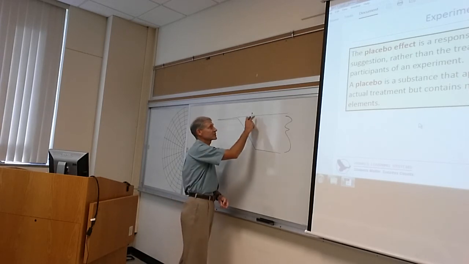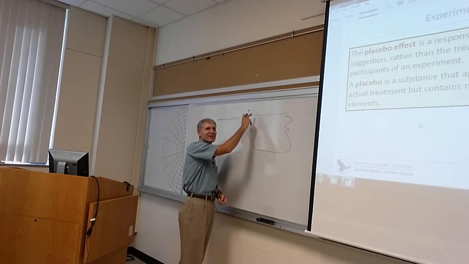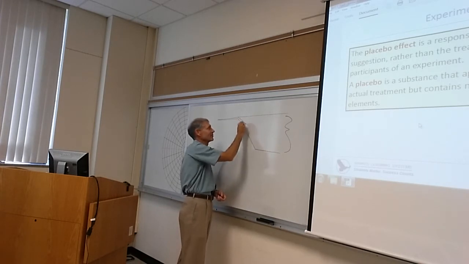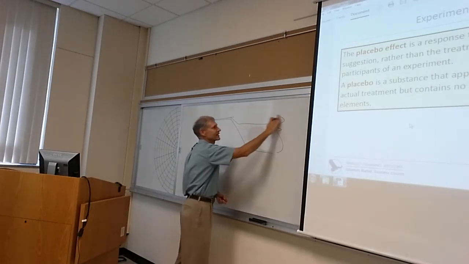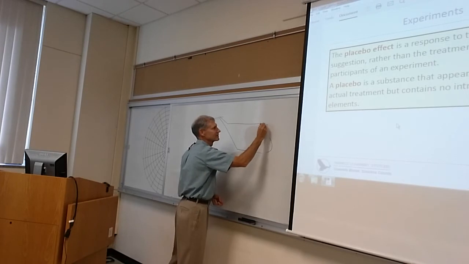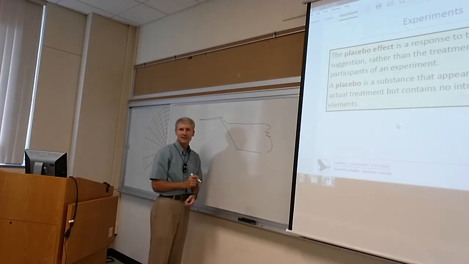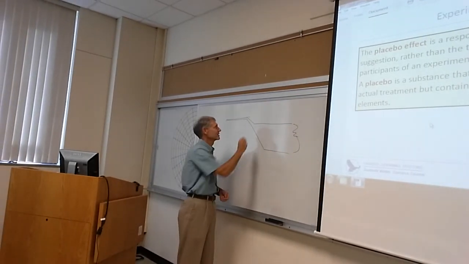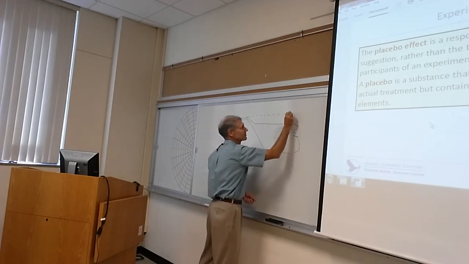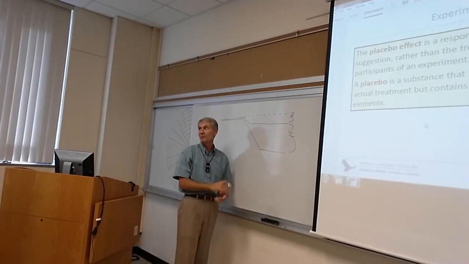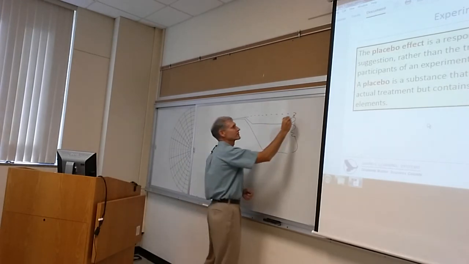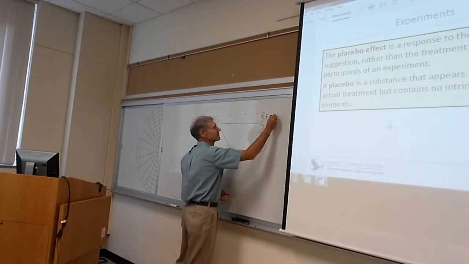But if I give this group placebo, and they drop some, but not as much, this difference is the true treatment effect. This difference is the placebo effect. Now I can separate them. Right? So this is placebo effect.